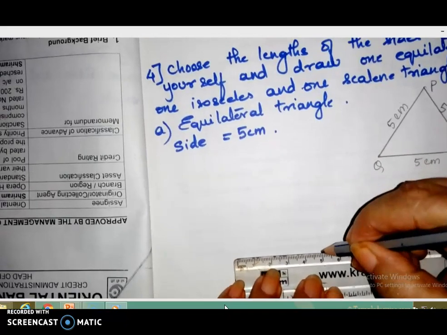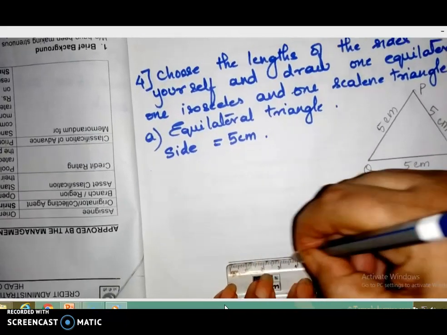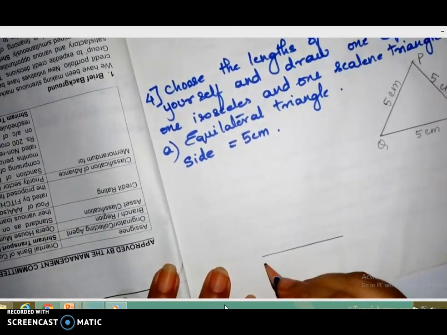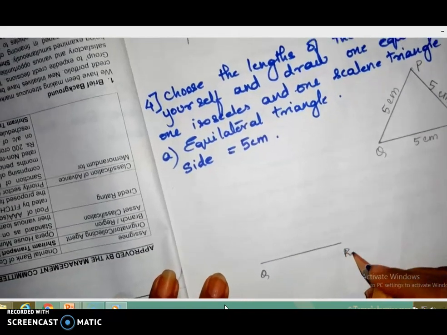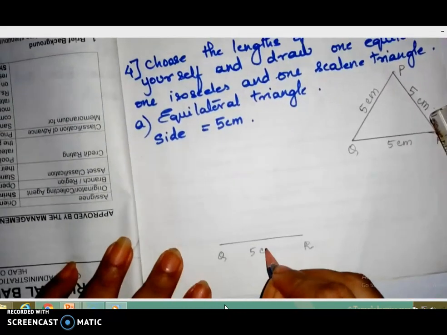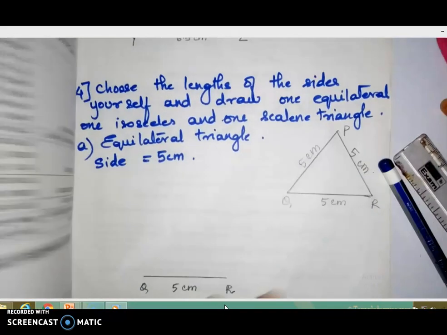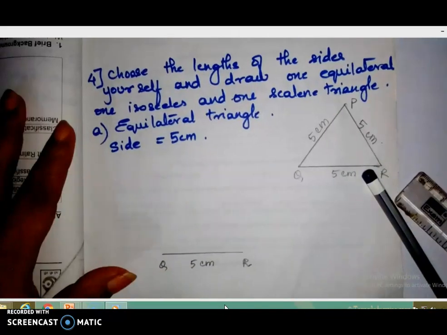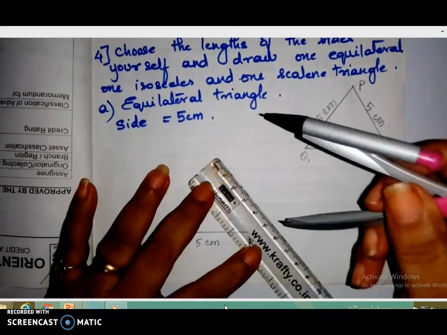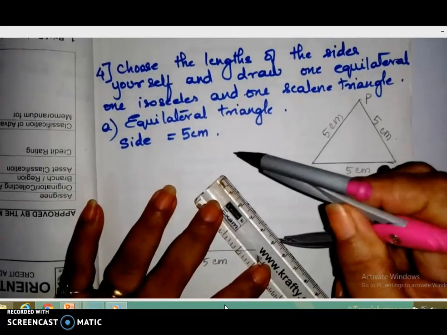First we will take the base as 5 centimeter, QR 5 centimeter. Now on the compass also we will take the same measurement, that is 5 centimeter.